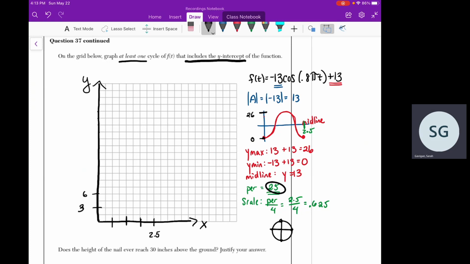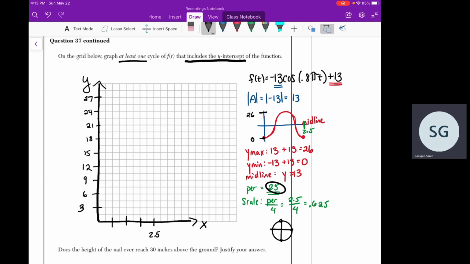I can make each line count as 1.5. That's easy enough to count by, because then I get y equals 12, 15, 18. Okay, then I can fit it all.